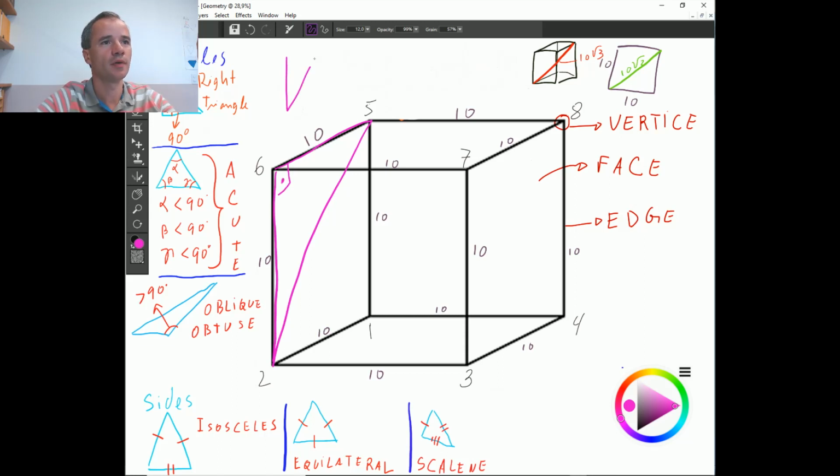I'm just drawing this triangle here, and this is a right angle. What about its sides? This side is 10, this side is 10, and this is going to measure 10 square root of 2. So according to its angles, this triangle is going to be a right triangle.